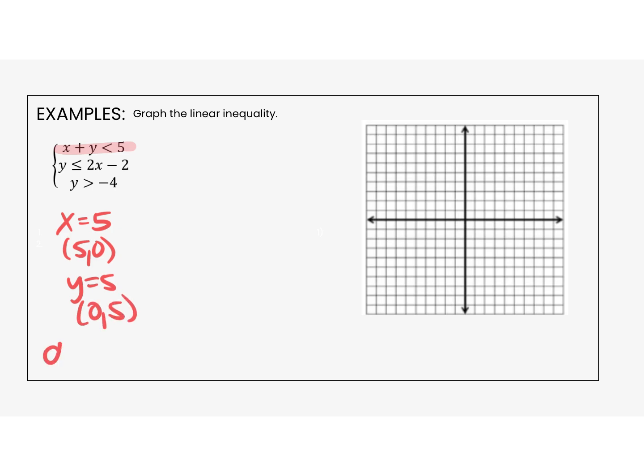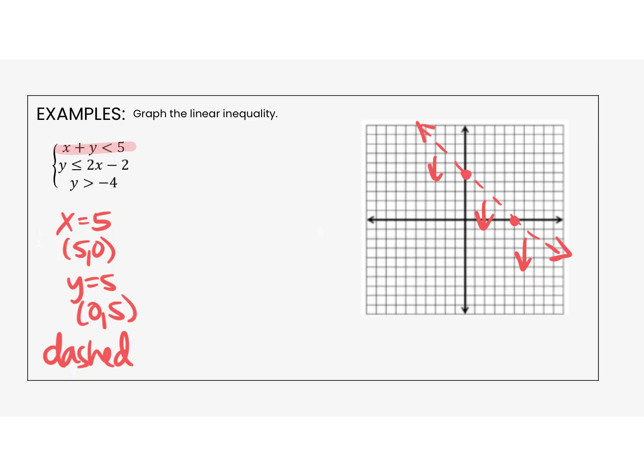And that is a dashed line because it's x plus y is less than 5. Okay, and it is less than, so we're going to shade below that line. That would be the direction I'm shading.